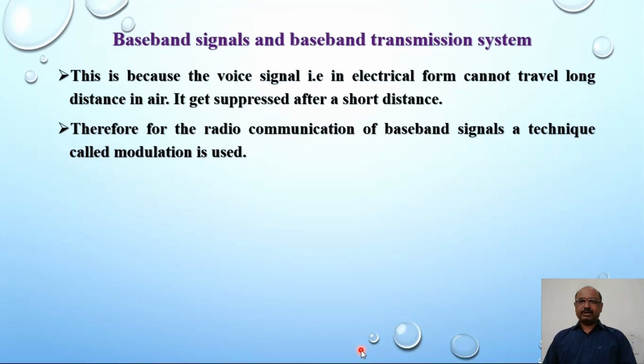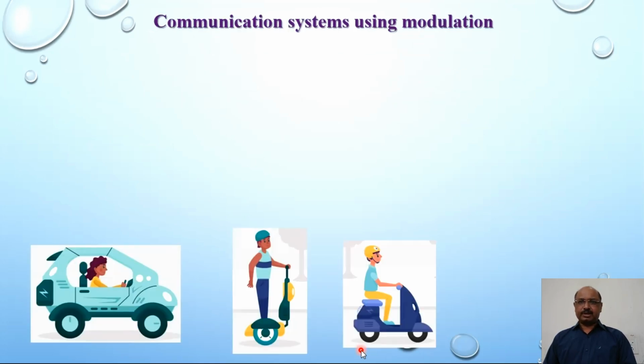It gets suppressed after a short distance. Therefore, for radio communication of a baseband signal, a technique called modulation is used. Now we see the second type, that is communication system using modulation.